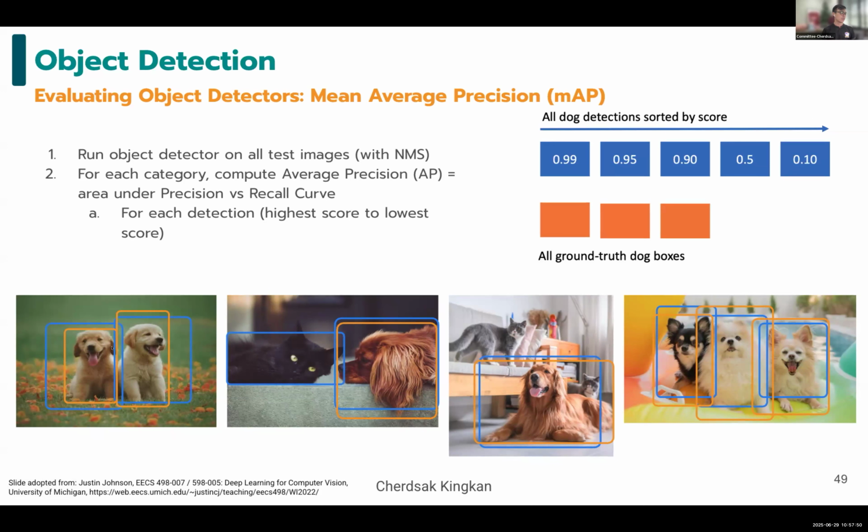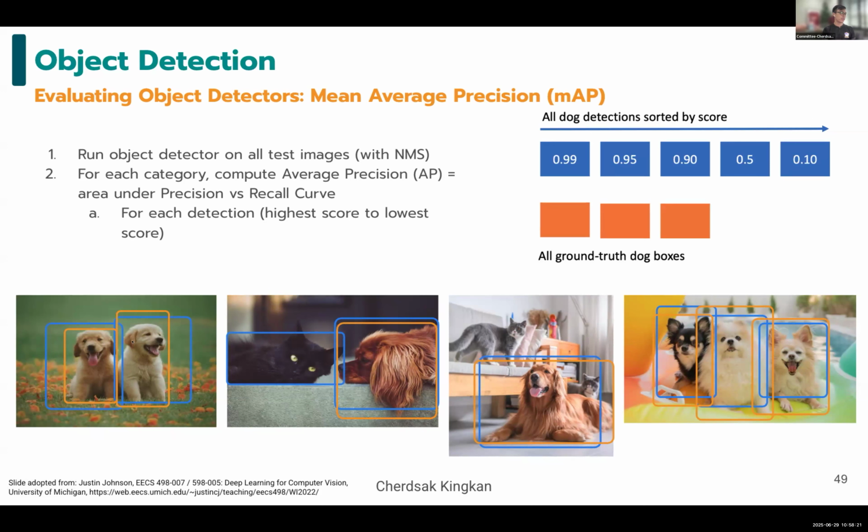For each category, let's say in this model we are interested in only two objects, cat and dog. We are going to evaluate the model for each category. For example, here we will first evaluate the model's precision for the dog category.